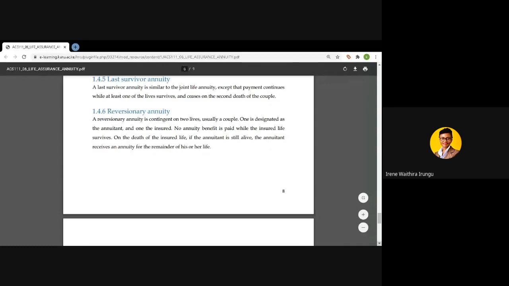The insured is the one who is paying for this particular contract. However, the annuitant will not be entitled to receive any monies as long as the insured party is alive. It is upon the death of the insured that the annuitant will start receiving the annuity payments. Does that make sense?